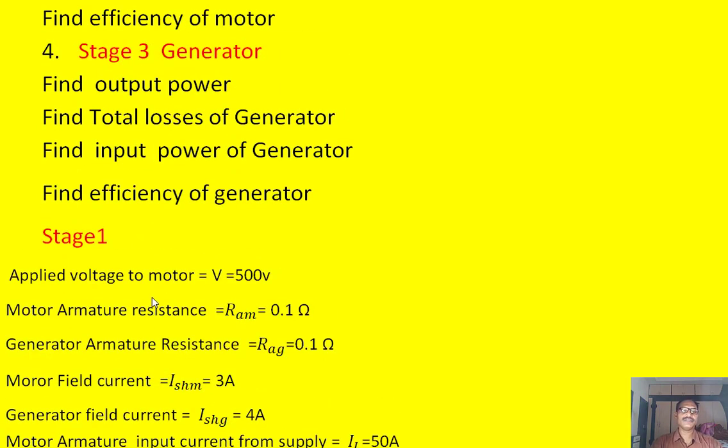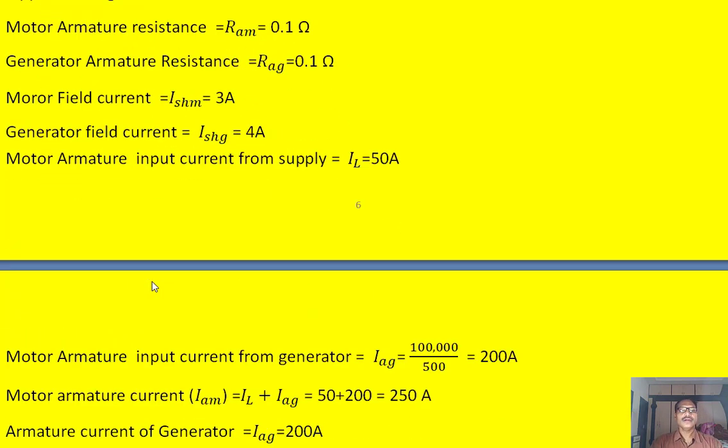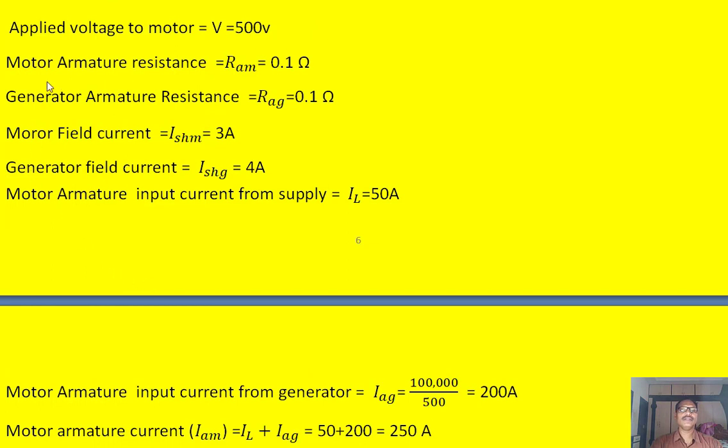So stage one is, first of all, we have to draw the diagram, and then note down the data given. The applied voltage to the motor is 500 volts, represented by V, and the motor armature resistance is 0.1 ohm. The generator armature resistance is also given as 0.1 ohm.